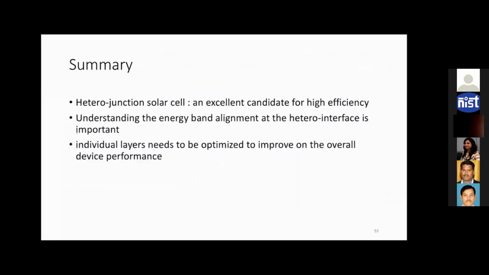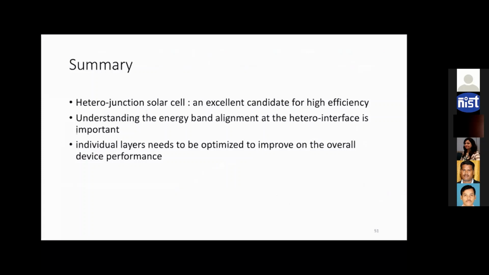So this ends my talk. In summary, during these two lectures, we have seen that heterojunction technology is not only an excellent candidate for solar cells, but you can apply this technology for any kind of optoelectronic devices because it has the inherent property of carrier selectivity.